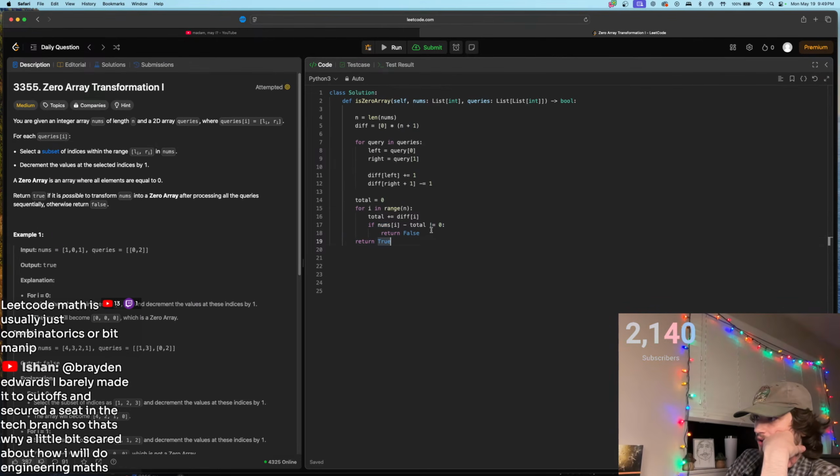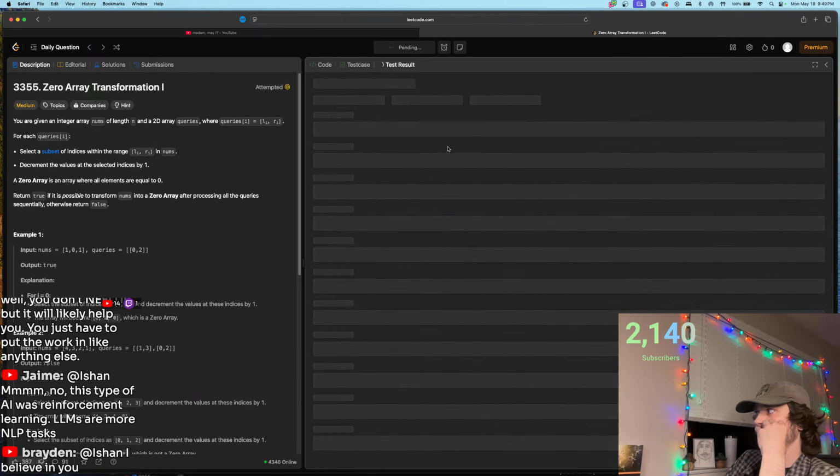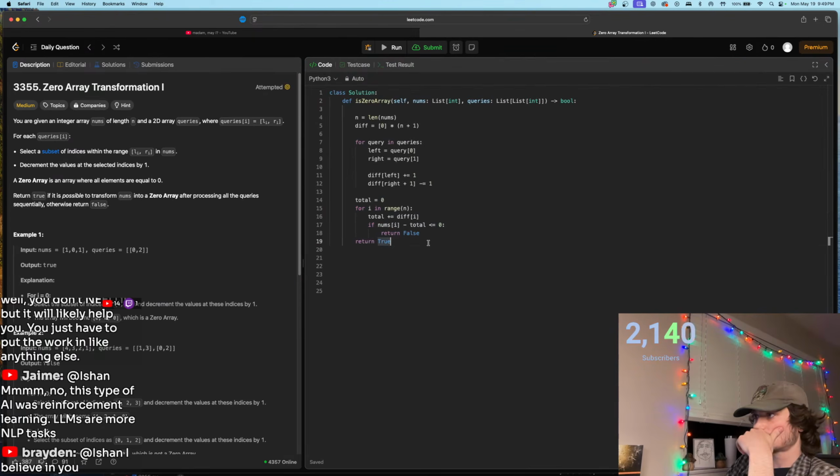If nums index I does not equal 0, so it's not less than or equal to 0, return false. It's greater than or equal to 0, return false, I mean.